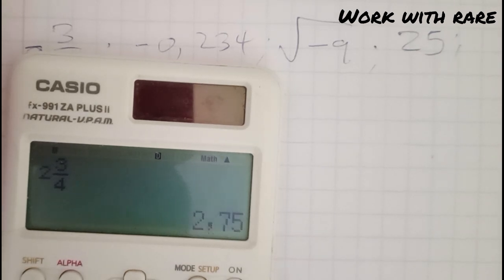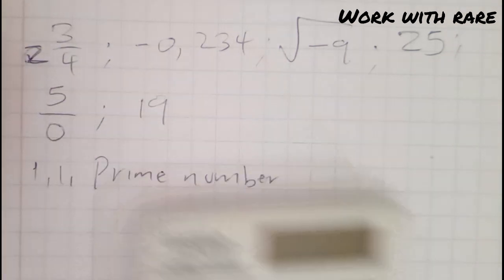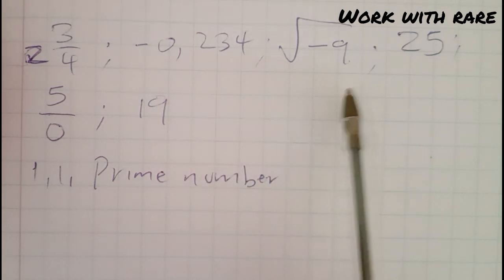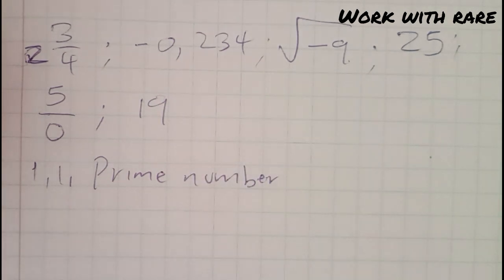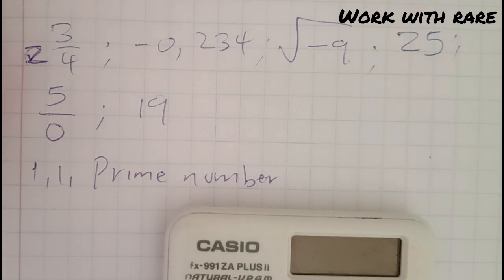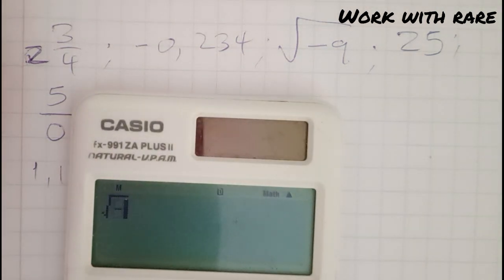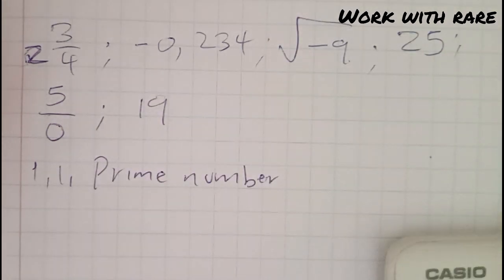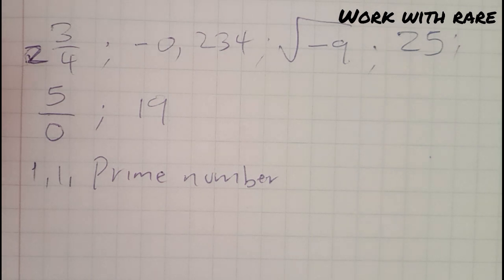You see, it gives me decimals, which is 2,75. Okay, so this is not a prime number. This is not a prime number. You test negative square root of 9. Maths error. Square root cannot have a negative. Okay, so it's not a prime number.